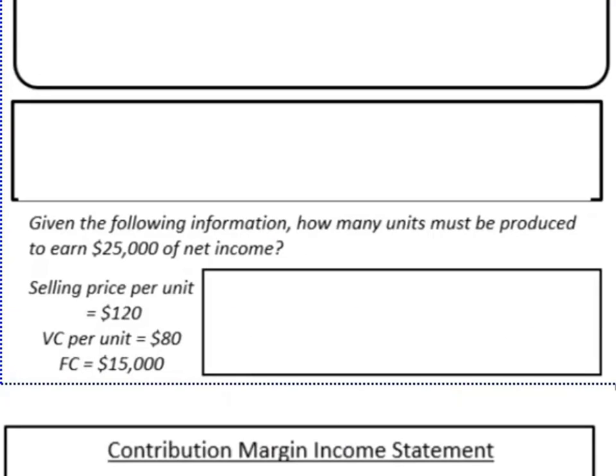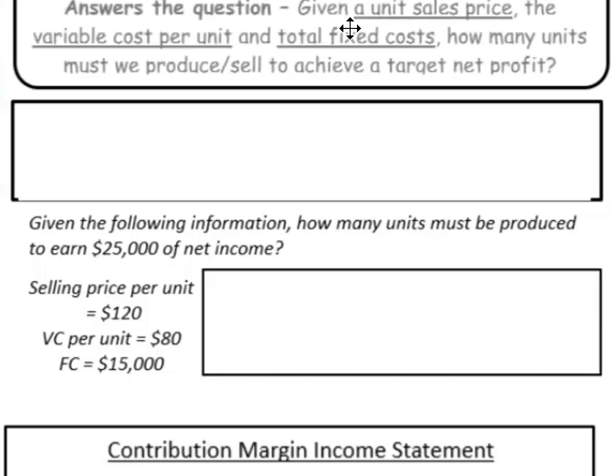Okay, now let's go on to another break-even formula. We just did break-even point in sales. Now we're going to deal with the concept of target net income. We're no longer going to be worried about breaking even. What we are concerned with now is not only do we want to break even, but we want to earn net income.